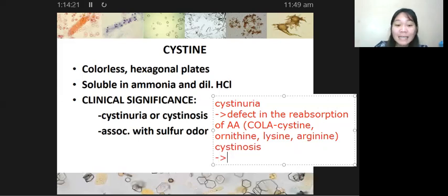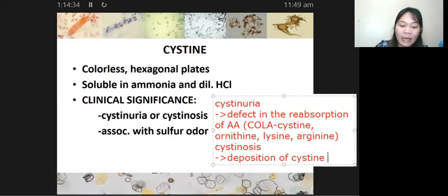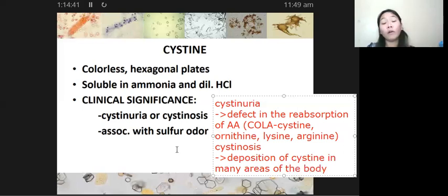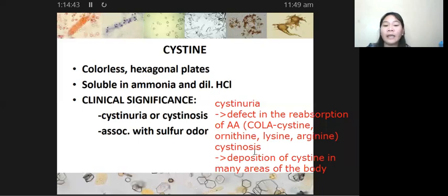When we say cystinosis, it is systemic. There is a deposition of cysteine in many areas or tissues of the body. So since there is deposition of cysteine, some of it will be present in the circulation, and of course, it will be excreted as part of your urine.